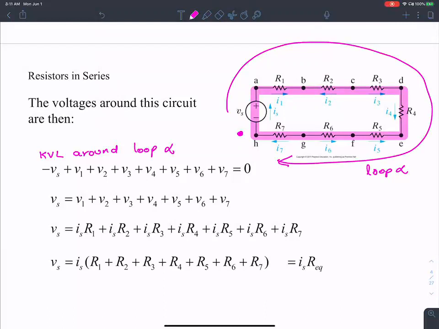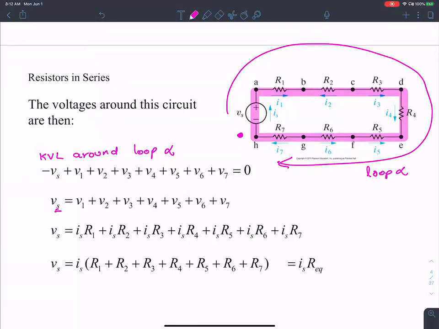Now, you can see the sum of all the different voltage drops. I have 7 resistances here. Corresponding to these 7 resistances, there are 7 voltage drops, and the voltage source itself, so that's Vs. The sum of all the voltage drops, KVL states, should equal 0.